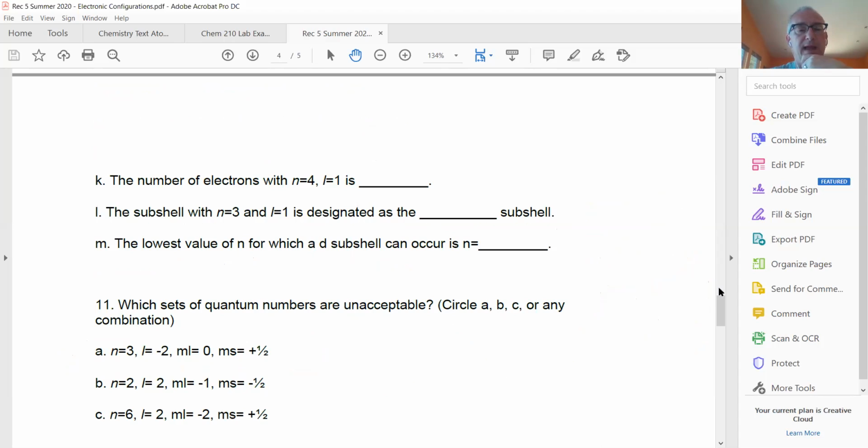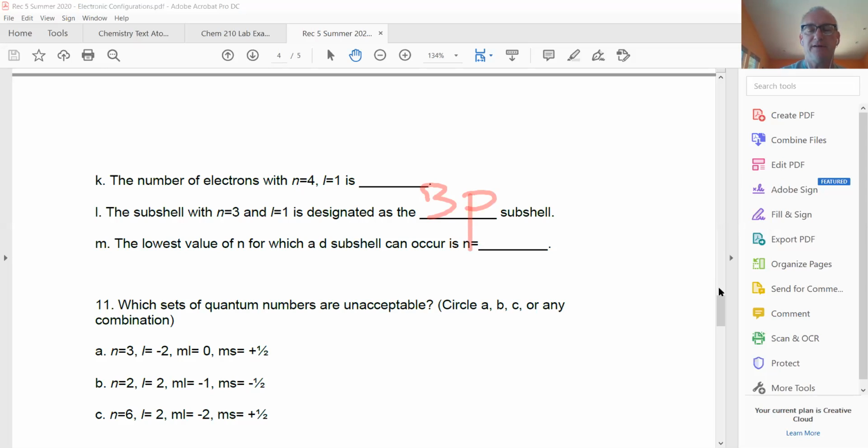And then n equals 3, L equals 1. So we're dealing with 3, and the name of that subshell would be 3 S, P, D, or F? P. Yep.